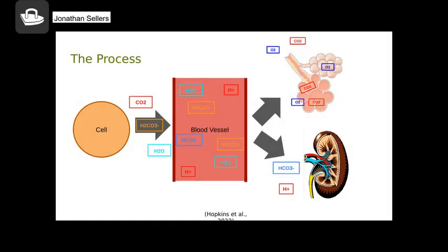So here's a kind of crude sketch that I spent like 40 minutes trying to create, but this will just show the process from cellular respiration to excretion or exhalation of our bases. So from the cell.